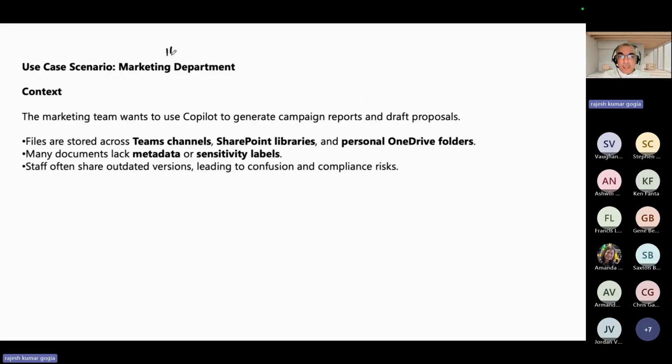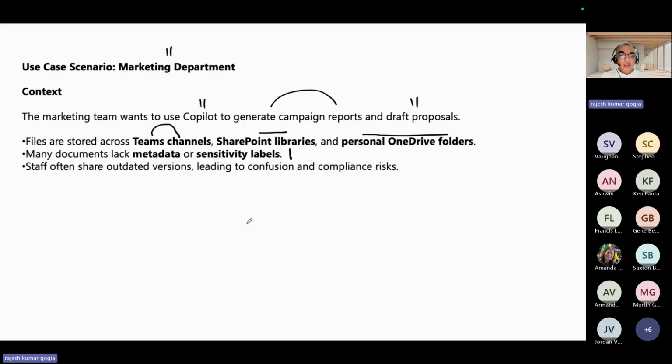Now comes the marketing department. The marketing team says, okay, I want to use Copilot. Why? I want to generate campaign reports and draft proposals. Now the challenge for them is that the data is quite often stored in Teams channels. They're spread across libraries. They're spread across personal OneDrives. This is very common for us.